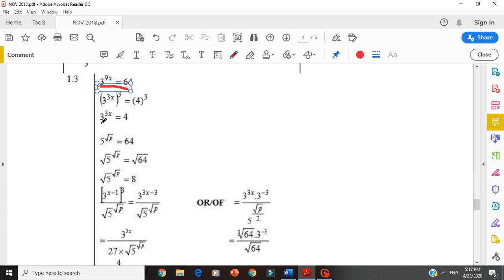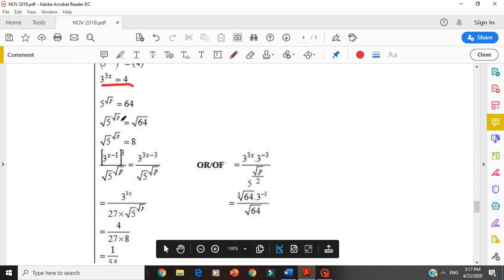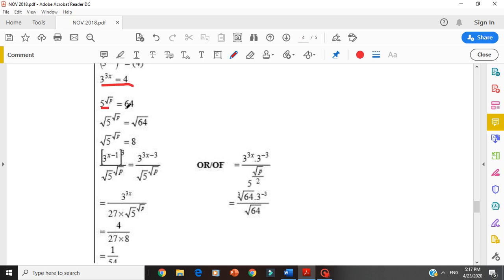And so here we're going to be left with 3 to the 3x equals 4 as one part of our equation. And then here, if you take the square root on this side as well, you'll get square root of 64. And therefore, we see that root 5 root p equals 8.